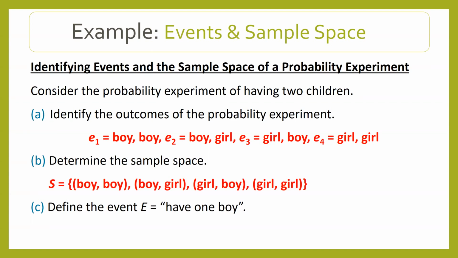Now, if you are interested in defining an event E of 1 boy, this will be each outcome with exactly one boy. So we have this one as a boy and this one as a boy. So the event E is just a set containing 2 elements, boy-girl and girl-boy.